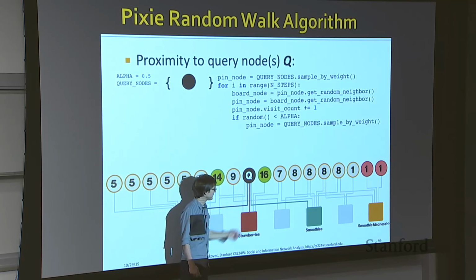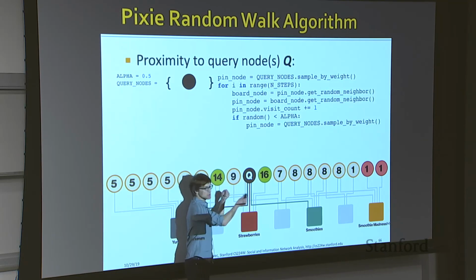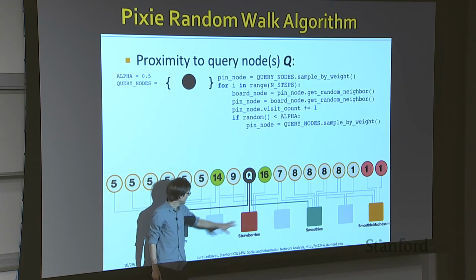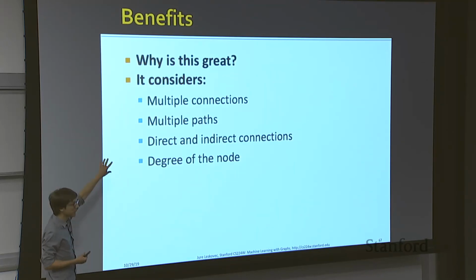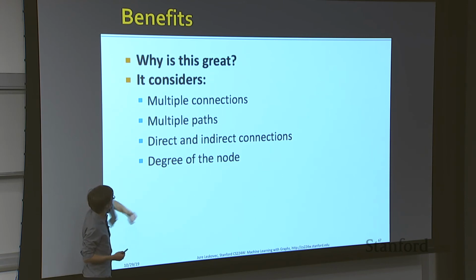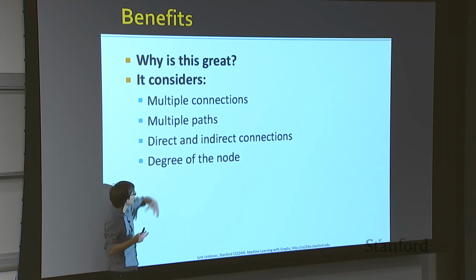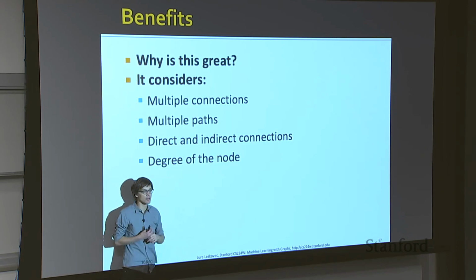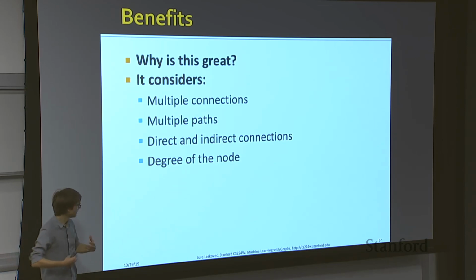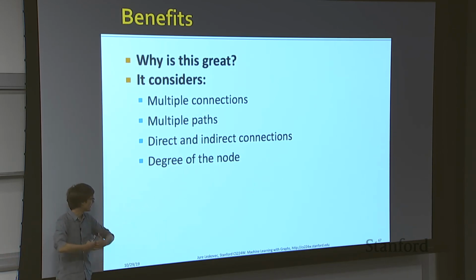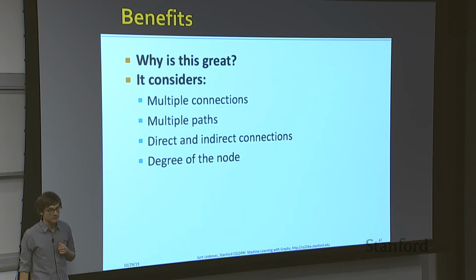Users interact with products, and now you are starting to ask which products have the most users in common, where the random walk nicely accounts for multiple connections, multiple paths, direct and indirect connections, and also the degree of the node. If you have a user who has super high degree, its importance will get split among many different nodes.